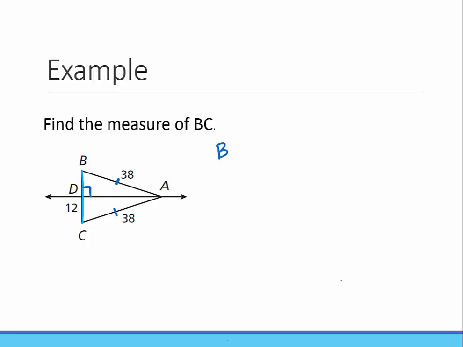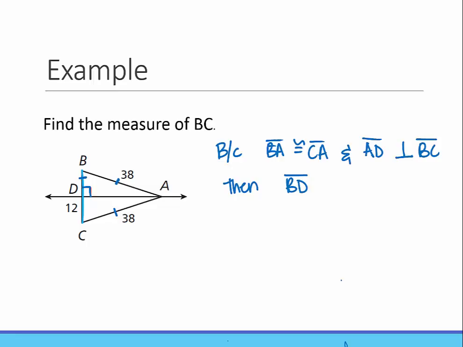So because BA is congruent to CA, and the AD is perpendicular to BC, then we know that BD, so this right here, has to be congruent to DC by the converse of the perpendicular bisector theorem.